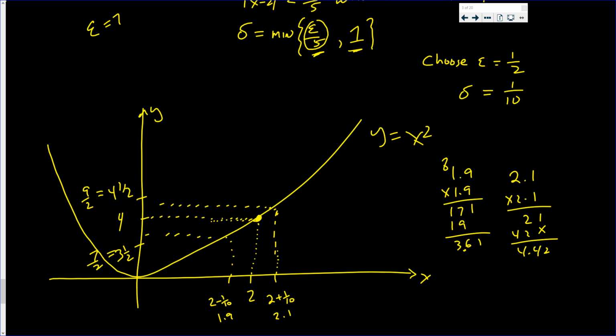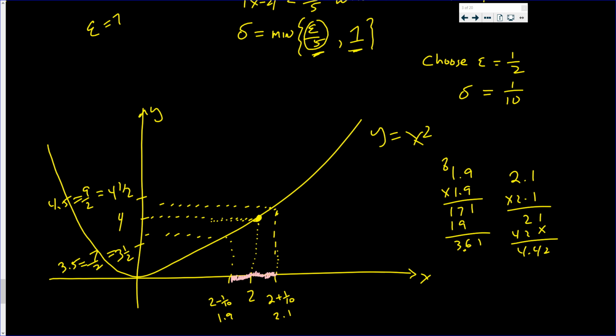Okay. Now, this is 3.5. And this is 4.5. What I'm saying is that if you take f of the stuff in between here, remember, the bigger the number you square, the bigger the result you get, if you're more than 1.